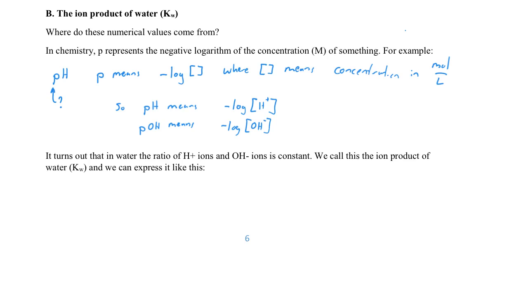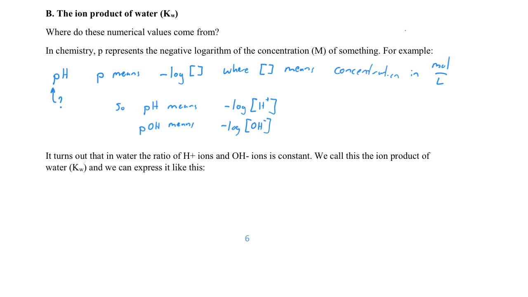What I mean by that is that small changes in the concentration of hydronium lead to dramatic changes in the actual acidity. Another reason we use the logarithmic scale is because it accommodates the very large range of possible values of concentration.